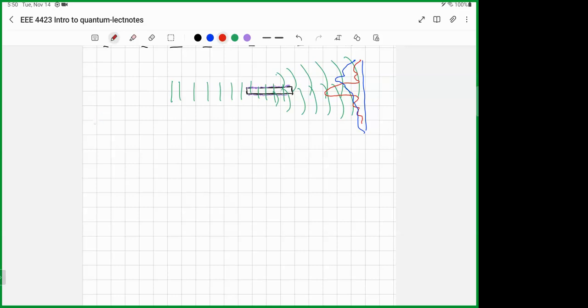So let's call this one 4.41, for example. Deutsch-Jozsa, like this algorithm.